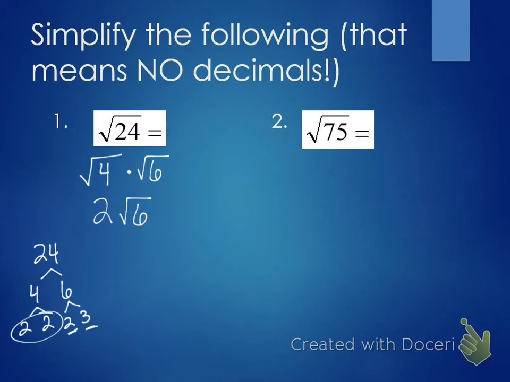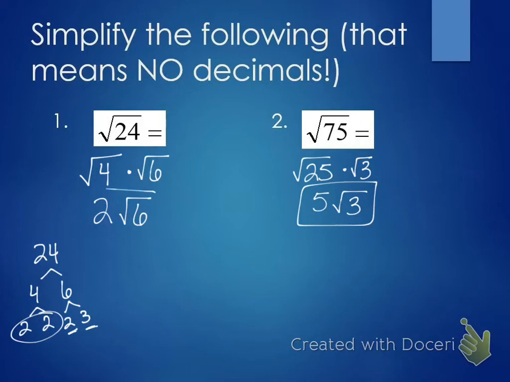So the square root of 75, again, if you prefer the factor tree, that's fine. I'm going to write it as the square root of 25 and the square root of 3, because I know 25 times 3 is the same as 75. The square root of 25 is 5. The square root of 3 doesn't simplify, so that is our answer.